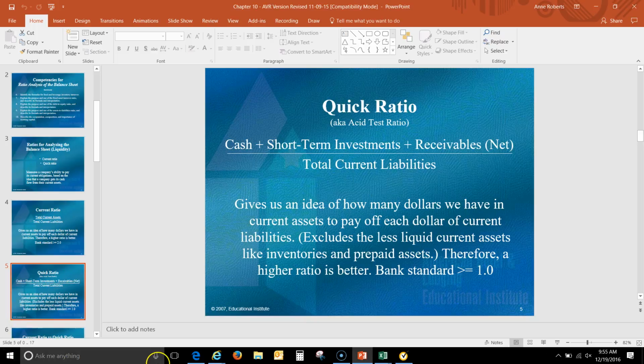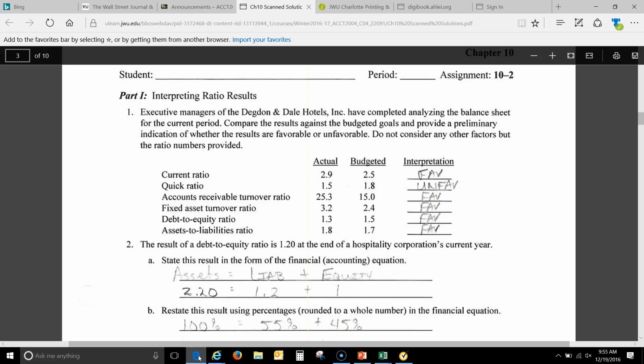So when we go back to the analysis, we've got a quick ratio of actual of 1.5, and we've got budgeted of 1.8. Unfavorable variance. Okay? We were shooting for 1.8, but we made 1.5. I was looking at it backwards. Yeah.